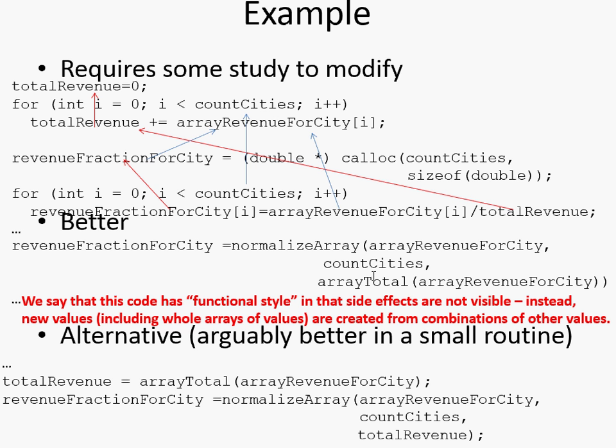Does that make sense? Okay, so another way to write this that arguably is even better is you give a name to the array total of array revenue, you call it total revenue, and then you use that named concept. So either of these is better than the top one in terms of clarity, in terms of what's going on, what depends on what.